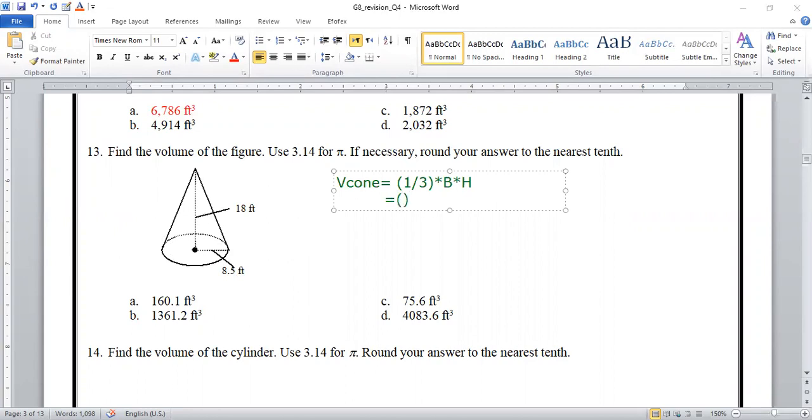So one third times area of the base, pi r squared, where r equals 8.5 squared, times height of the cone equal to 18. By substituting, one third times pi equals 3.14 times 8.5 times 8.5 times 18.